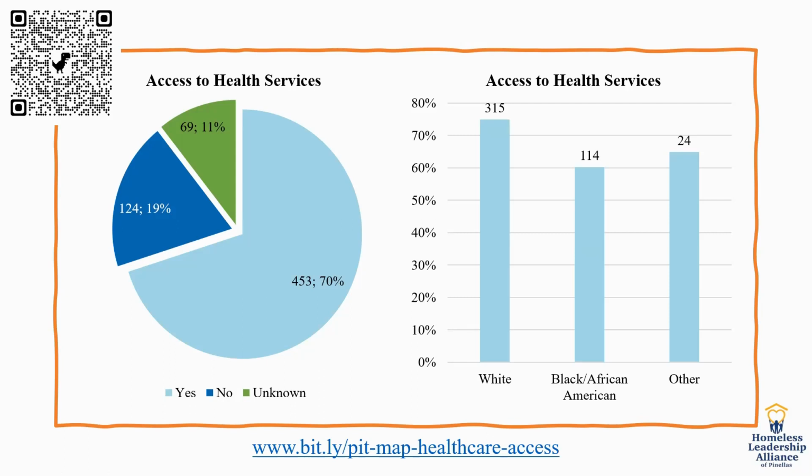When you look at the racial breakdown, the people who identify as white, about 75% reported access to healthcare. But when you look at people who identify as African American, 60% reported access to healthcare in the unsheltered population. Next slide.